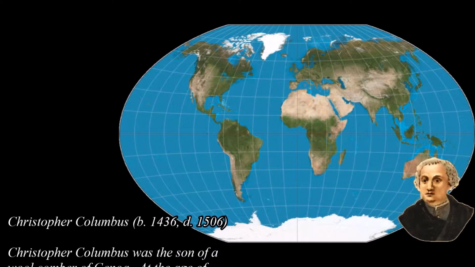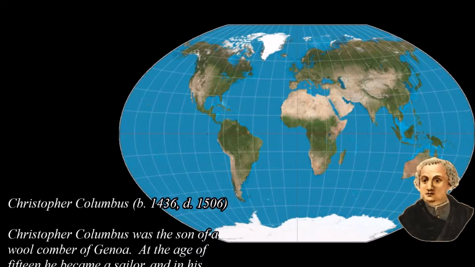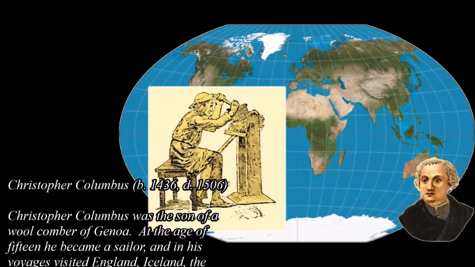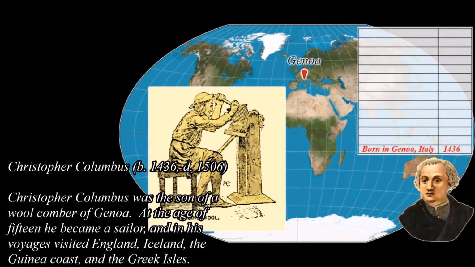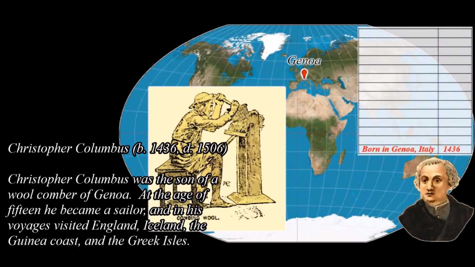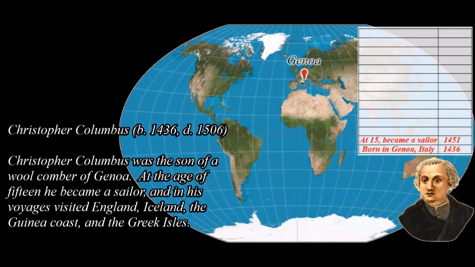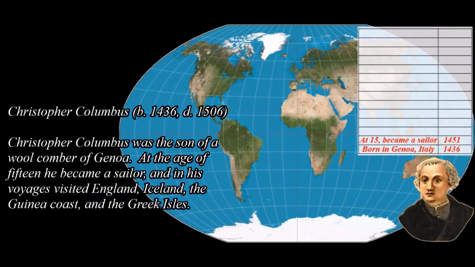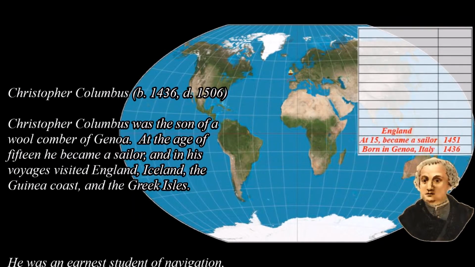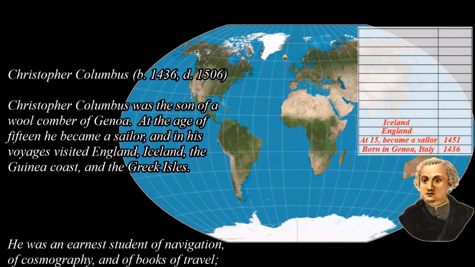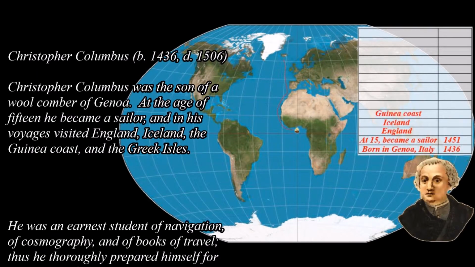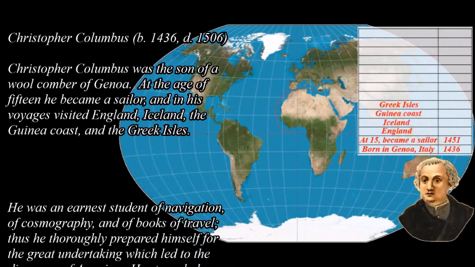Christopher Columbus, born 1436 and died in 1506, was the son of a woolcomber. At the age of 15 he became a sailor, and in his voyages visited England, Iceland, and the Guinea coast, and the Greek Isles.